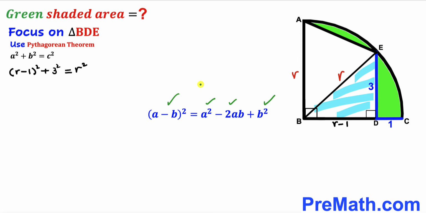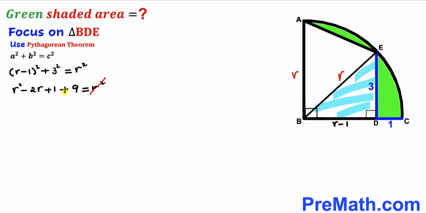Applying it on the left-hand side, we get r square minus 2r plus 1 plus 9 equals r square. The r square terms cancel, so we get minus 2r plus 10 equals 0.